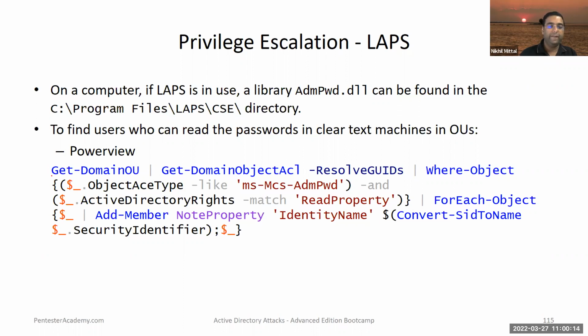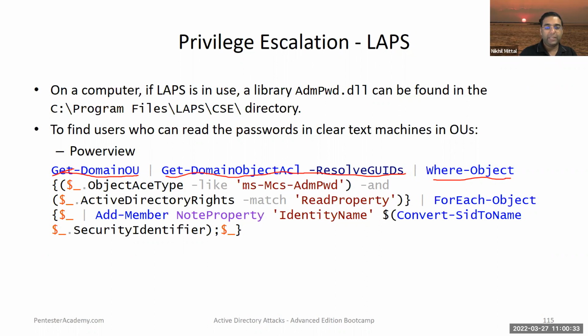So what are we doing here? First, we list all the OUs. Then we list ACLs for all those organizational units. Now, for each of the ACEs that we get from here, we filter using Where-Object.